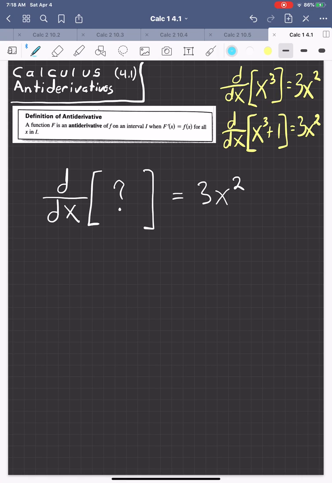But the general flow of this course has been from some f of x to some f prime of x. So you had a function to which you took the derivative and ended up with f prime of x.